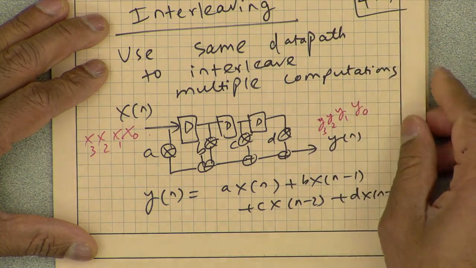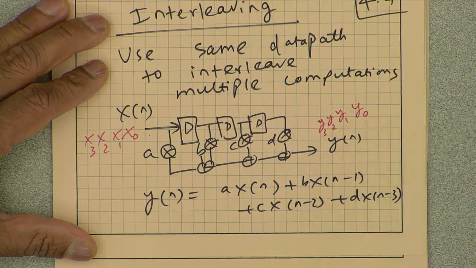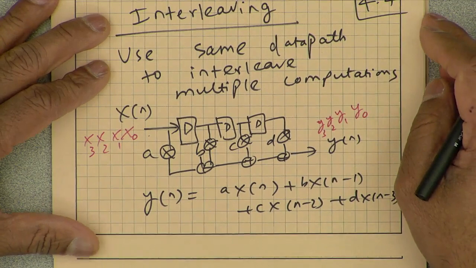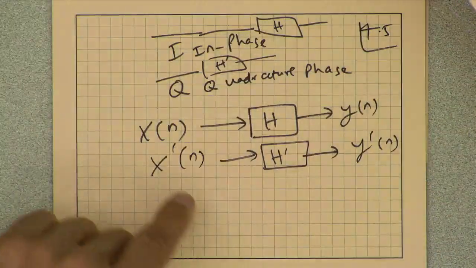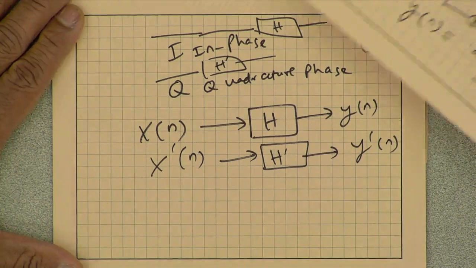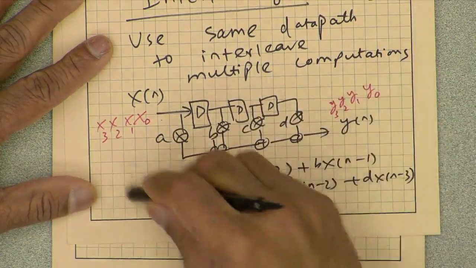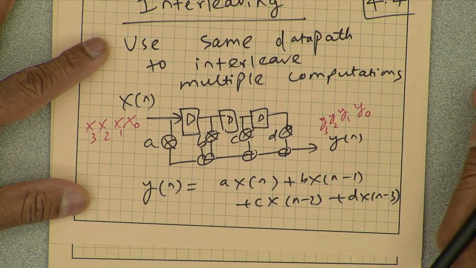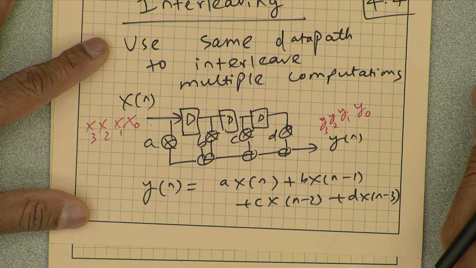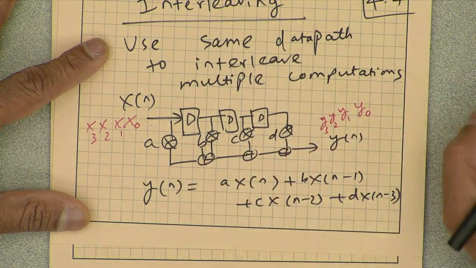So what do you think we can do if my objective is to perform these two filtering operations using this same data path? Any volunteers? So we want to use the same data path.